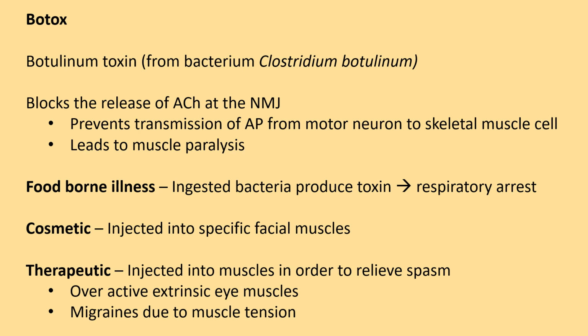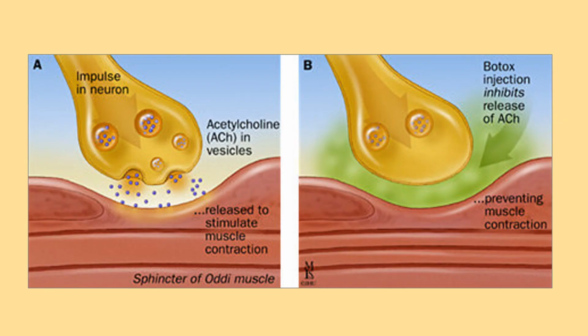Let's take a look at how Botox works. This is a very simple diagram. I may have even found this on a dermatology website or a cosmetic website. We're looking at the neuromuscular junction, and the information here is correct. It's just overly simplified for our purposes, but I'll use it to introduce the fact that Botox prevents the motor neuron from releasing acetylcholine.